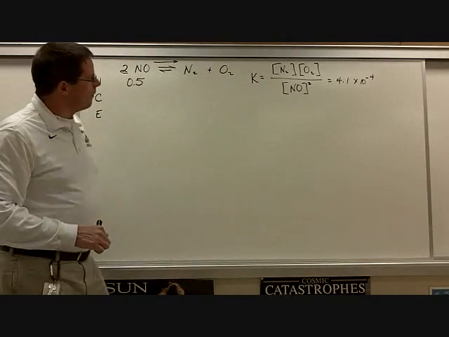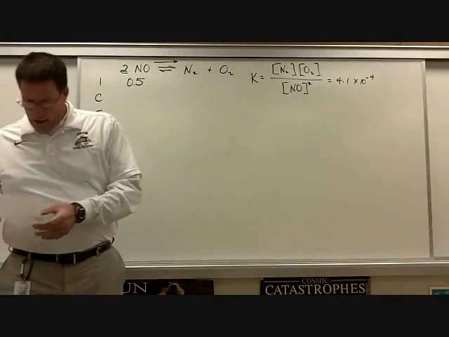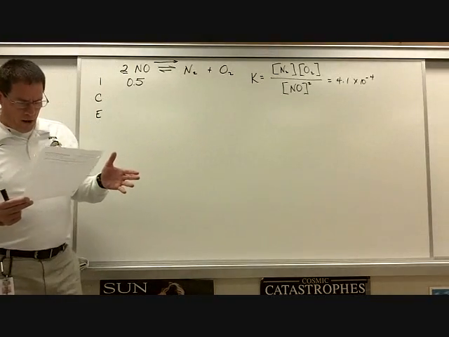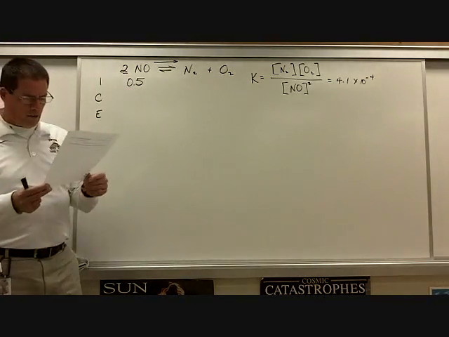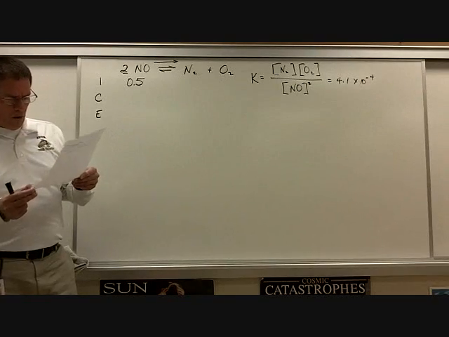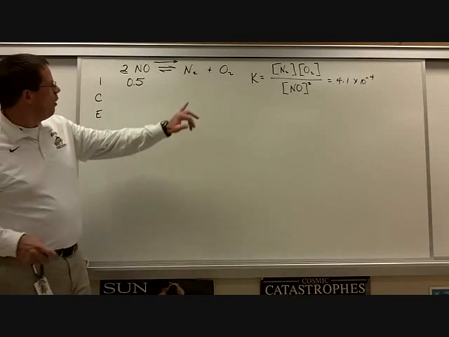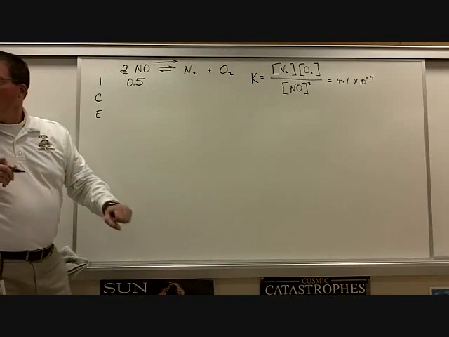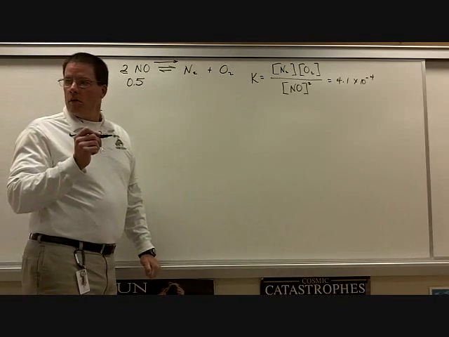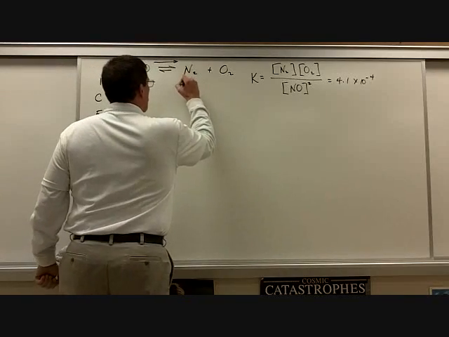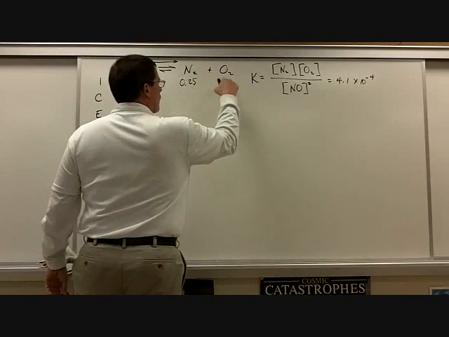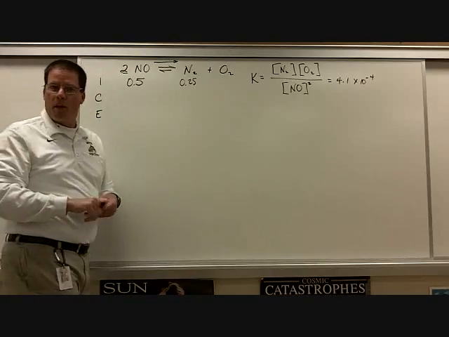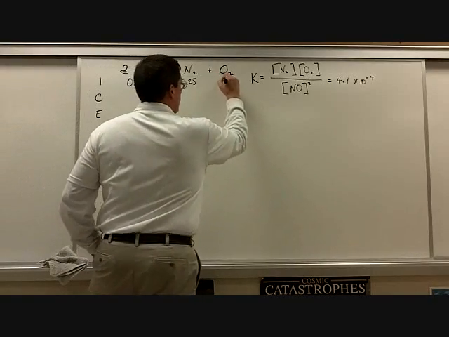So part B here says we had 2 moles of NO in a 4-liter flask, and 1 mole of N2 in a 4-liter flask. So what's my concentration of N2 initially? 1 divided by 4 is 0.25. And oxygen? 0, because we're not given any information.